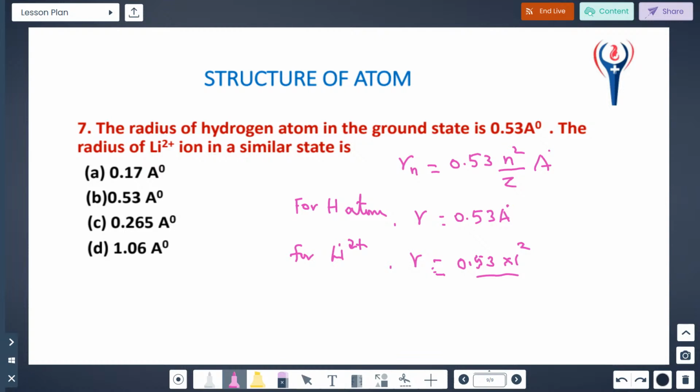For lithium, the Z value is 3. So it will be 0.53 by 3, approximately 0.17 angstrom.